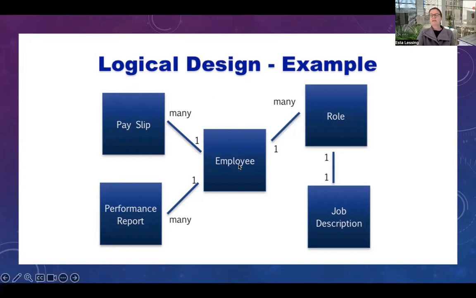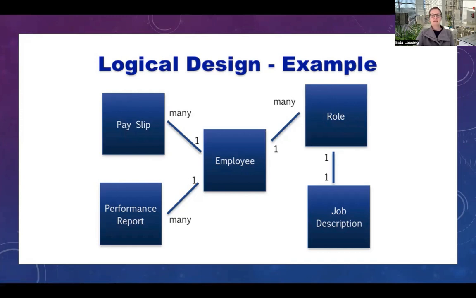Here, we've got another example where we say every one employee could have many potential roles within our organization. You may do one job or the same role all the time, or you might change roles while you work for the particular organization. So therefore, an employee can have one to many roles while they work at an organization.